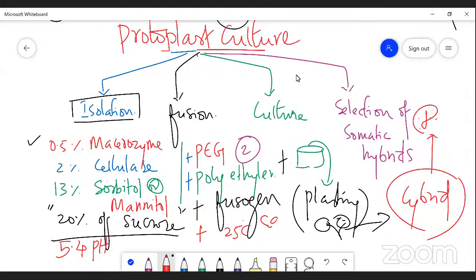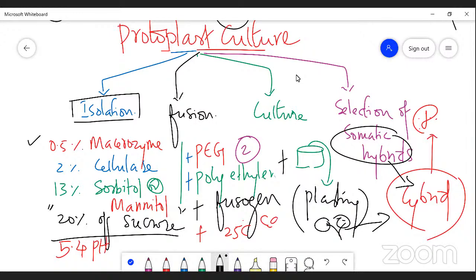The hybrid is derived from two different protoplasts which are fused, followed by nuclear fusion, that is called the somatic hybrid.